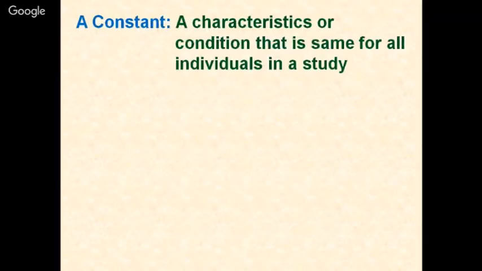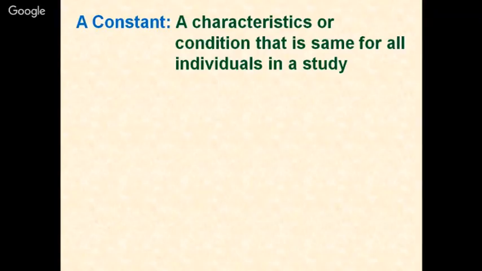Now, let me give you two or three terms, because I will be using these terms. One is the constant. A constant is a characteristic or a condition that is the same for all individuals in a study. For example, my topic is to study the effect of computer assisted instruction on achievement of students in digital electronics. So I have taken one experimental group and I will also have one control group.